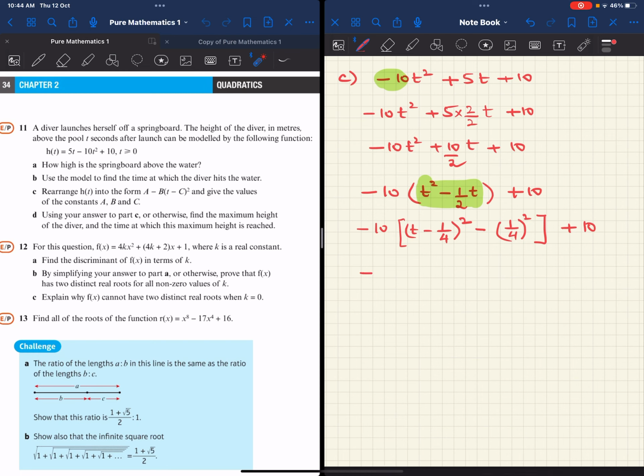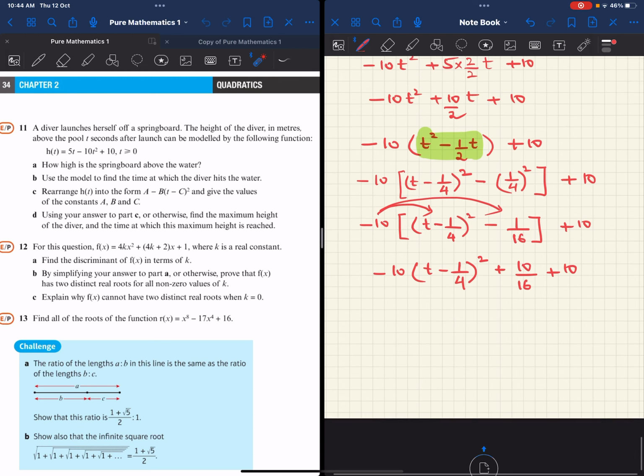So we have minus 10 into t minus 1 by 4 squared minus 1 by 16, plus 10. Now we multiply the 10 back. So we have minus 10 into t minus 1 by 4 squared plus 10 divided by 16 plus 10.